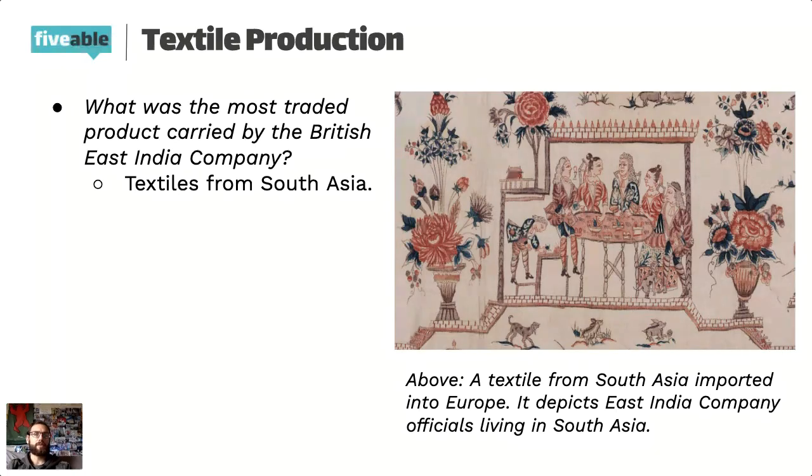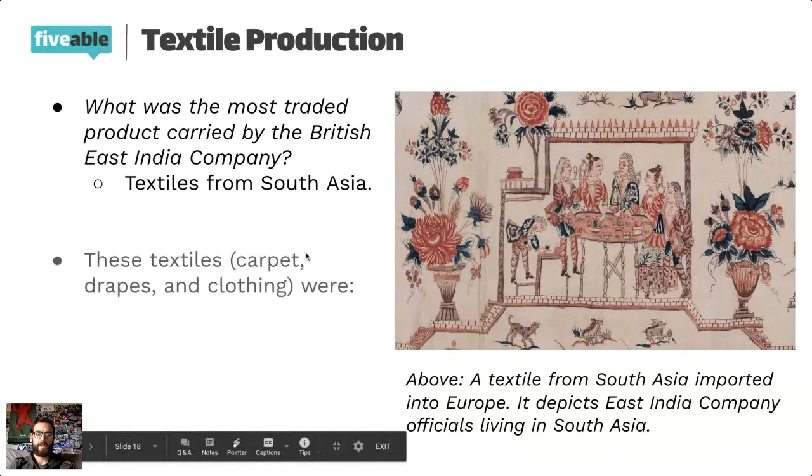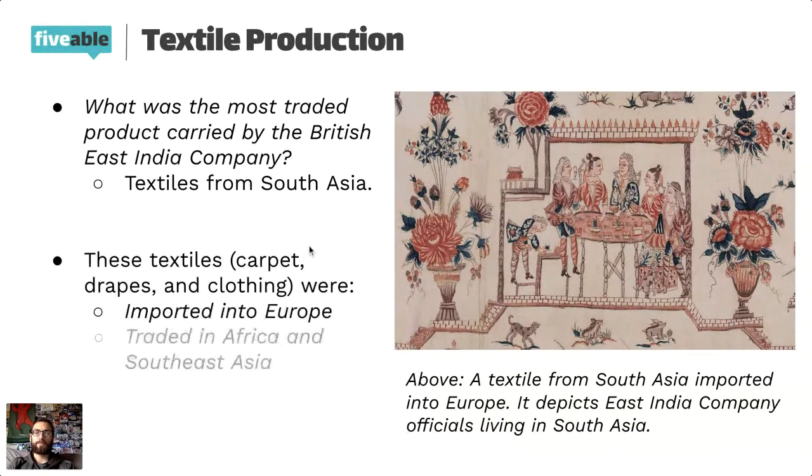But as it turns out, most of what was traded for slaves that would later go work in the Americas, at least in the British colonies, was textiles from South Asia. This is what African leaders were demanding more than guns or molasses or sugar or alcohol, right? And so it's important to keep in mind that textile production was a huge part of the world during Unit 4.